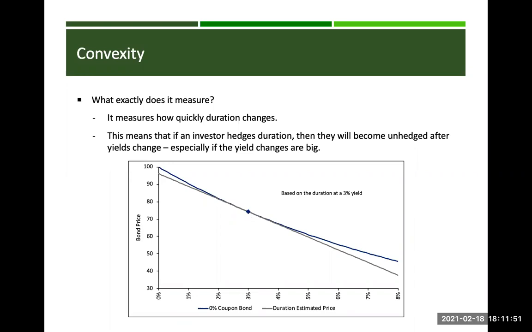The duration, the modified duration, is essentially telling you, okay, we need to move along this gray line here to figure out what the change in price is. What will the new price be if yields go down to 1%?